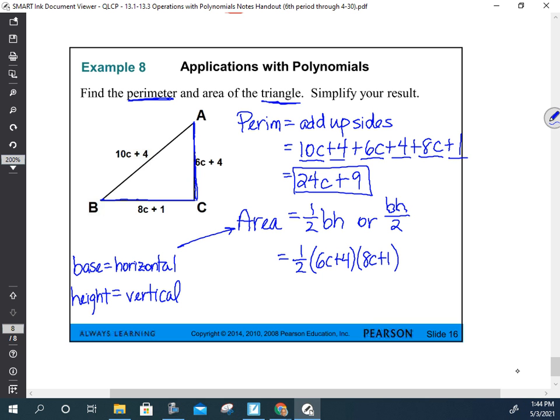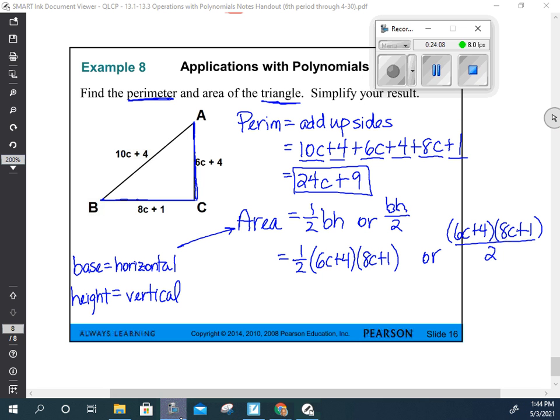So that's the first way that would be set up, or 6c plus 4 times 8c minus 1 plus 1 divided by 2. Both of these ways I'll solve out before I upload it to Google Classroom. So I'm going to pause the recorder there.